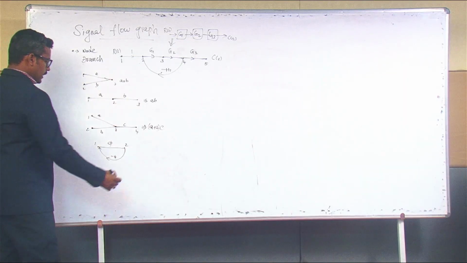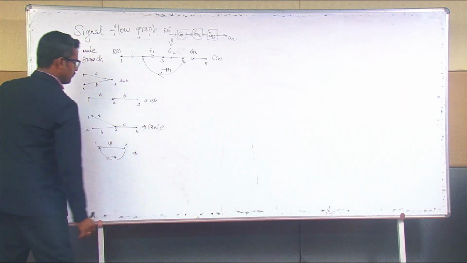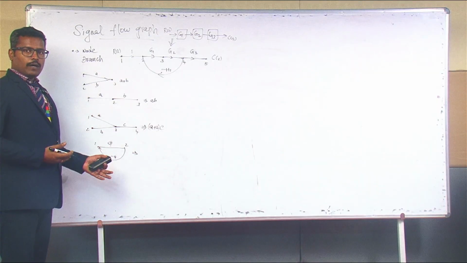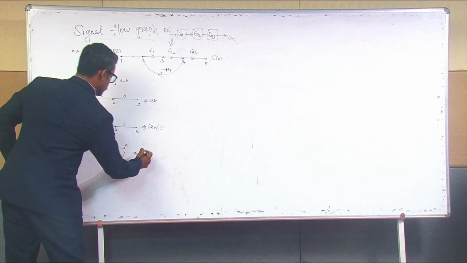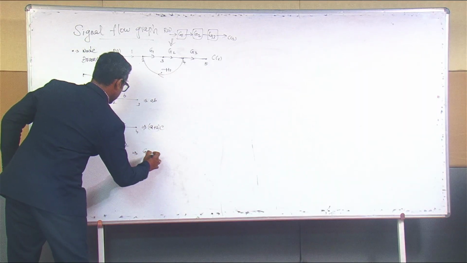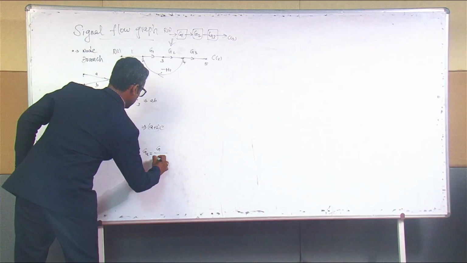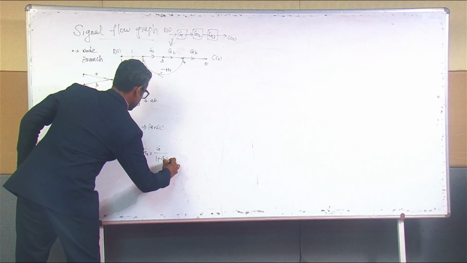If it is a negative feedback, the same formula we discussed in the block diagram reduction will be used for the closed loop transfer function. So G_CL equals G divided by 1 plus GH.